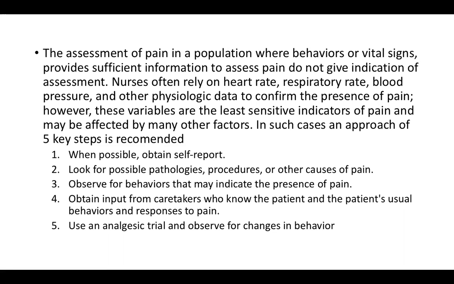Sometimes they say lift the leg a little; even if you lift to a particular height, if the person doesn't say pain or doesn't show body language of pain, then you understand the intensity of the pain. Some of you, if you had senior citizens at home, a grandfather or grandmother, would have seen these things happening. Then observe for behaviors that may indicate the presence of pain.